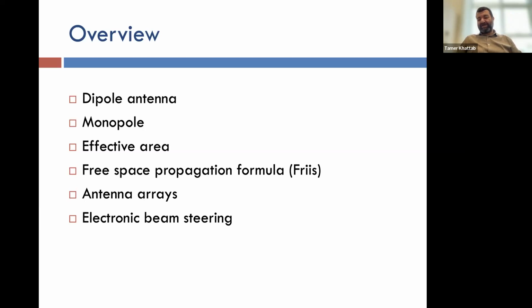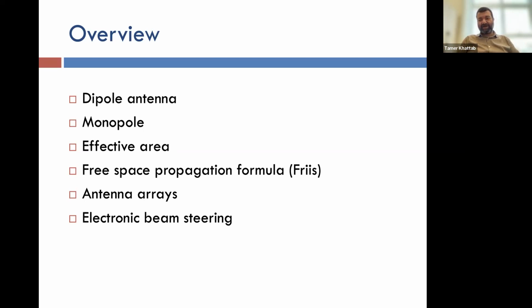We found that the best geometric coordinate to use in this case is the spherical coordinate. We refer everything to the center of the antenna itself. We did the analysis. You don't really need to do the electromagnetic analysis, but just to understand that we did it for something called the far field, because that's more important for us when we deal with communication systems.